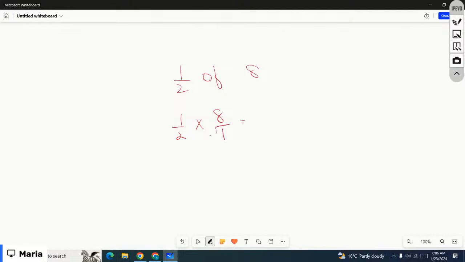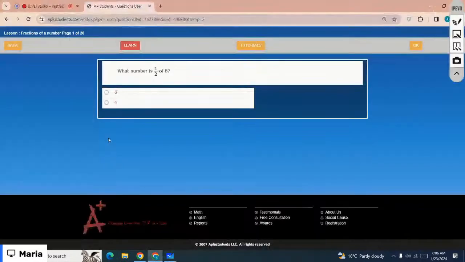So 8 times 1 is 8 and 2 times 1 is 2. So 2 times what number is 8? Very good. 2 times 4 is 8. So half of 8 is 4. That means you need to divide 8 into 2 groups. So when you divide 8 into 2 groups, that would be 4. Got it? The correct option is 4.